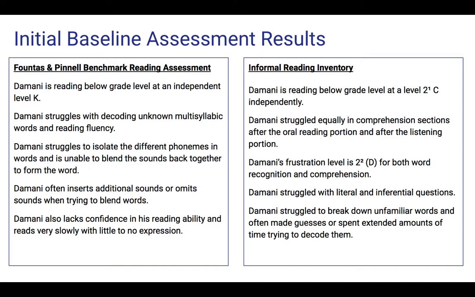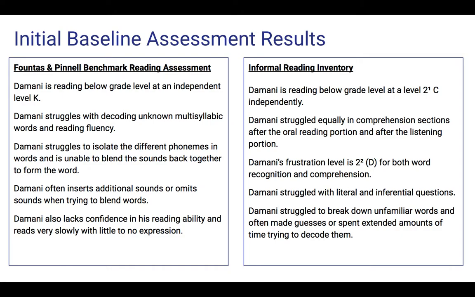The second assessment that Damani received was an informal reading inventory, which is a similar assessment, except for it also includes a listening comprehension portion. Damani was determined to be on a level 2-1, which is the beginning of second grade level.